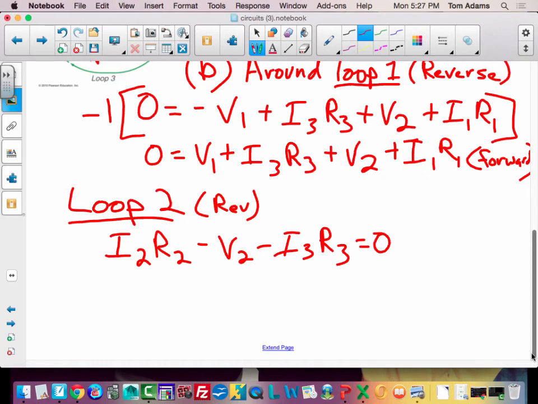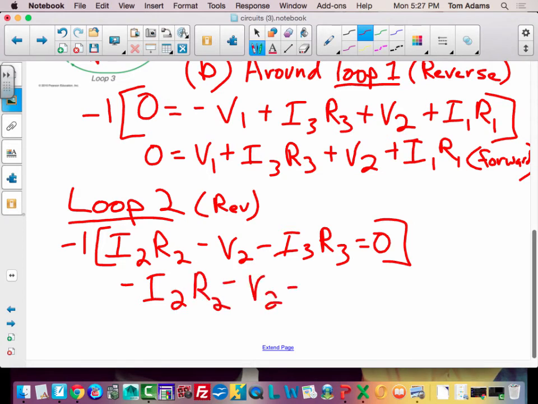All right. And so if you multiply all of these by -1, then you'll get the negation of this: minus I2 R2 minus V2 minus I3 R3 equals 0. And this would be going forward.